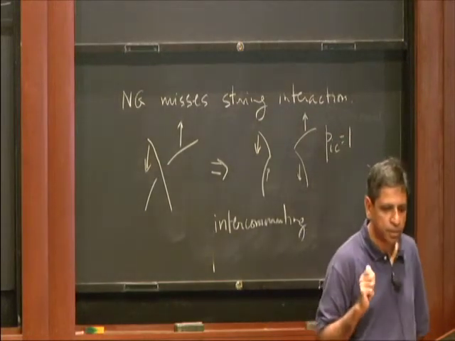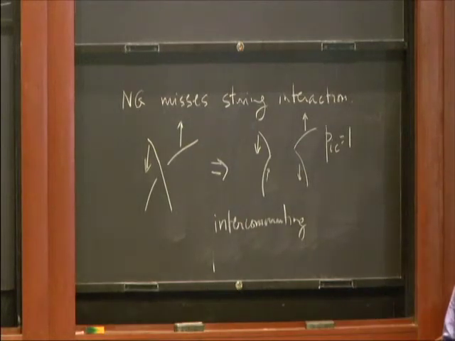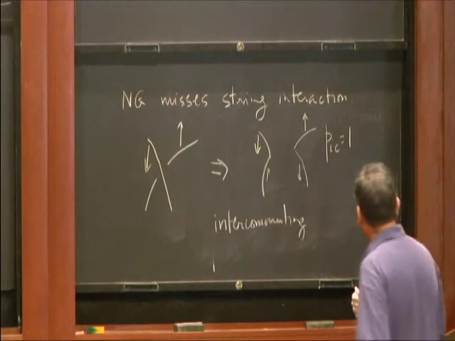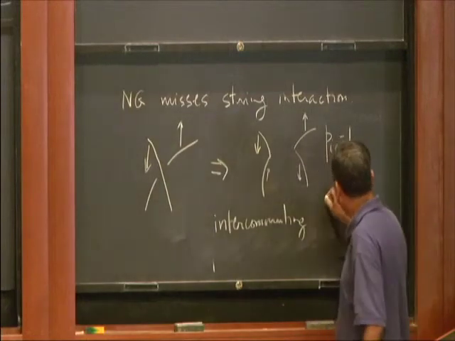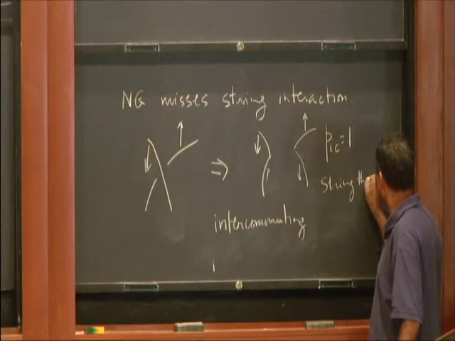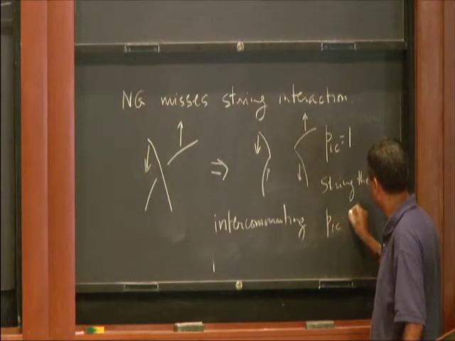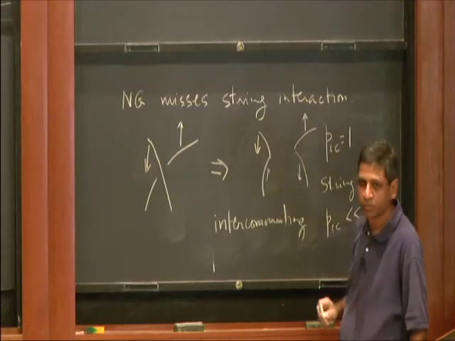Now, I raise this point because in string theory, the same calculations have been done. And there what you find is that in string theory, you can have P_IC, which is much less than 1. Okay?